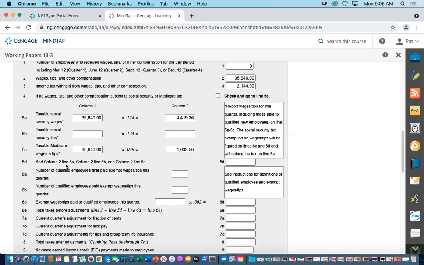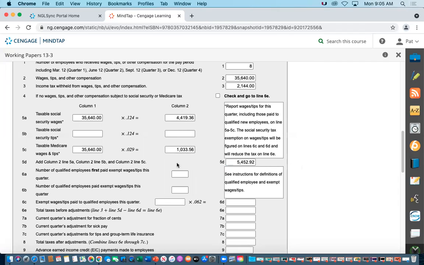Five D, it says add column 2, line 5A, that's this, plus column 2, 5B, which is this, or C, I guess, sorry, B and C, and you get 5,452.92.